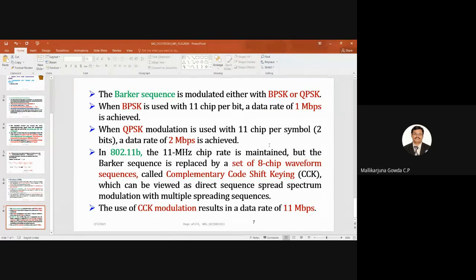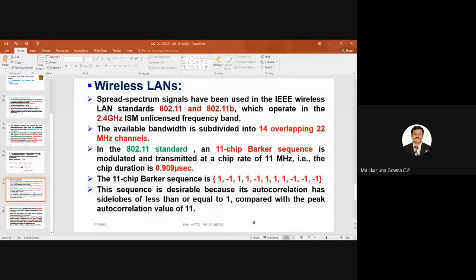With that, it is possible to achieve a data rate of 11 Mbps. So this is all about the wireless local area network, the application of spread spectrum in these two standards, 802.11 and 802.11b.